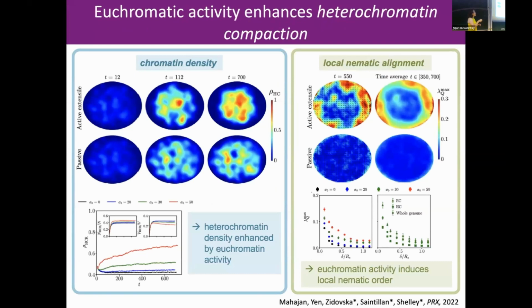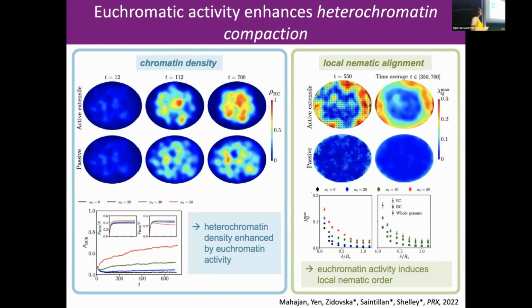So first we can evaluate the chromatin density as a function of time. If you let our system evolve in time without the presence of active forces, you will generate regions of higher density simply due to the fact that we allowed the heterochromatin parts to form crosslinks, right?